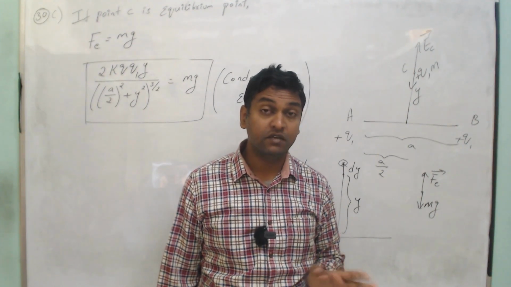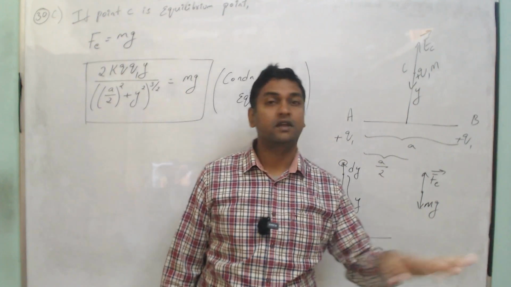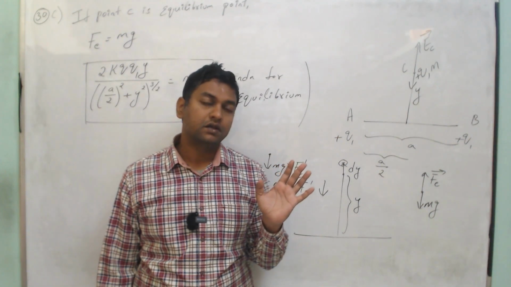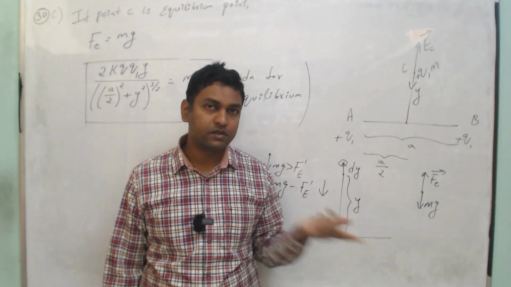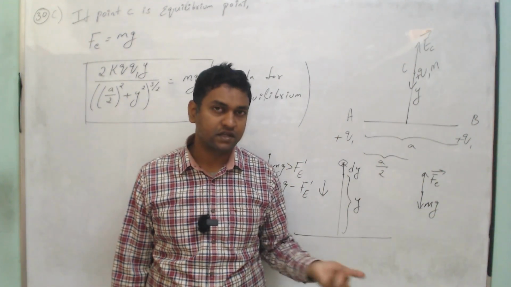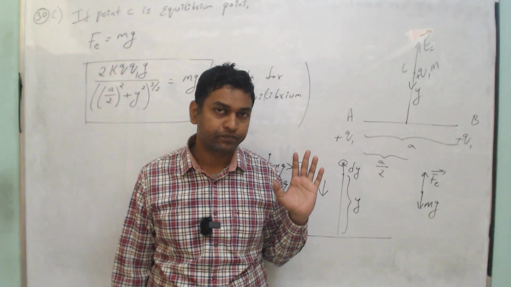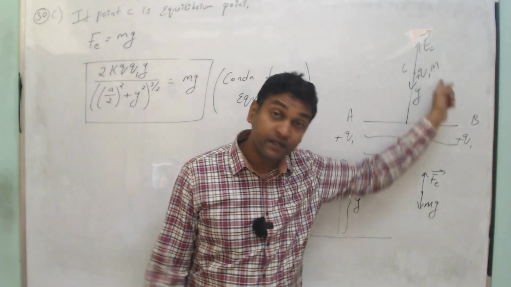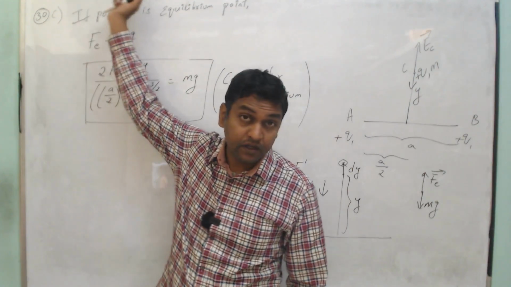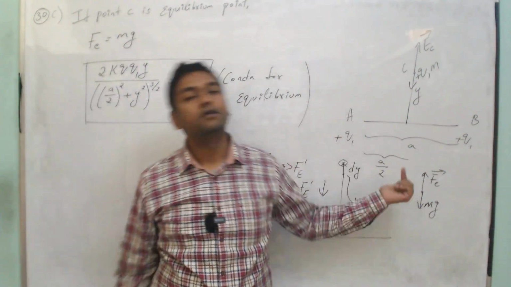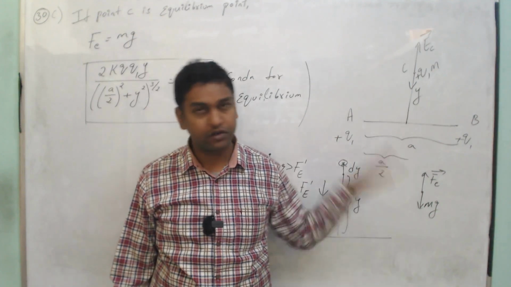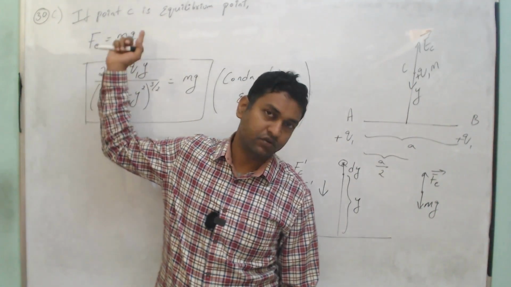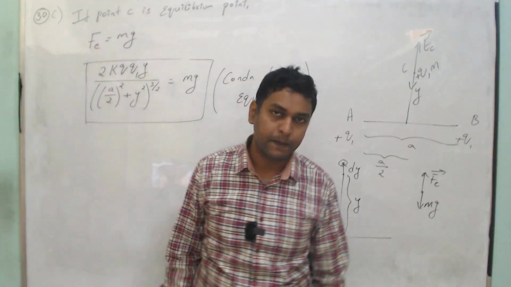In the question, he will not tell you to consider gravitational force. He will give you mass. It is upon our common sense that we have to consider gravitational force. Then we said if this point is an equilibrium point, my upward force should be equal to the downward force. Therefore, Fe should be equal to mg. Correct?